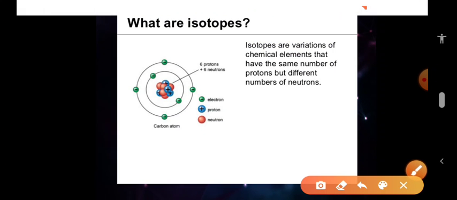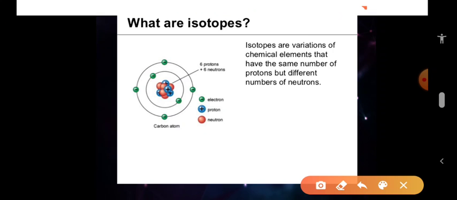Now, what are isotopes? Isotopes are variations of chemical elements that have the same number of protons but a different number of neutrons. See, we can understand isotopes in a different way.